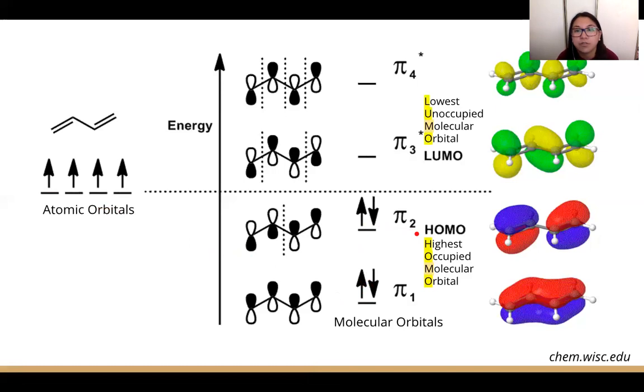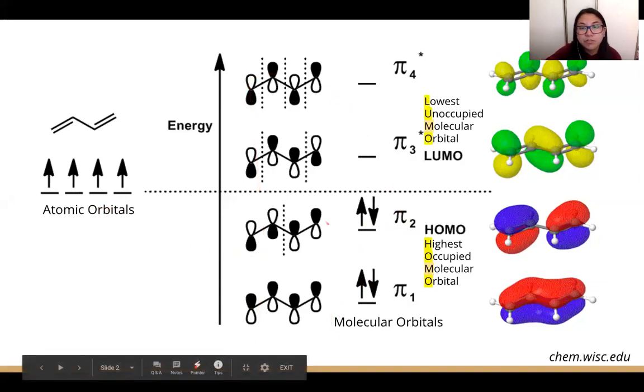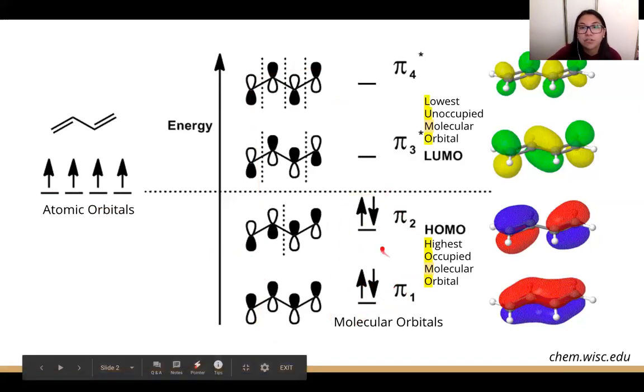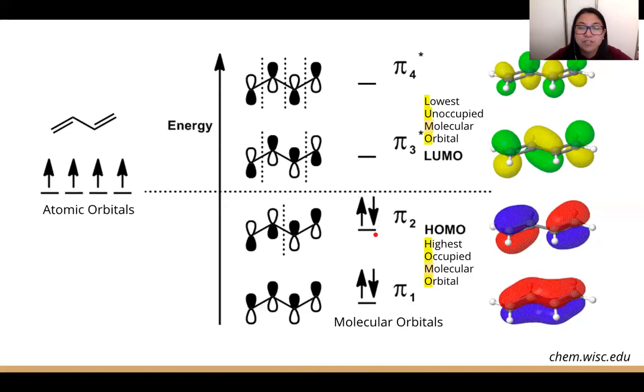Now we have to determine the HOMO and LUMO. This is where a lot of people get confused, because a lot of people think we're looking at the depiction of the p orbitals, but we're actually looking at the actual electrons. So the second level from the bottom, right here, is the highest level filled with electrons.